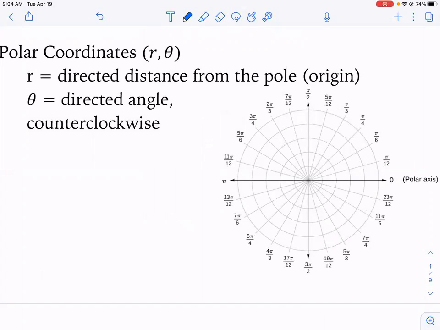R is how far we move out from the origin, kind of like a radius. And theta is how far we rotate from the polar axis. So theta is an angle. We've graphed those before. And R is how far we move out from the origin. I would write that down.